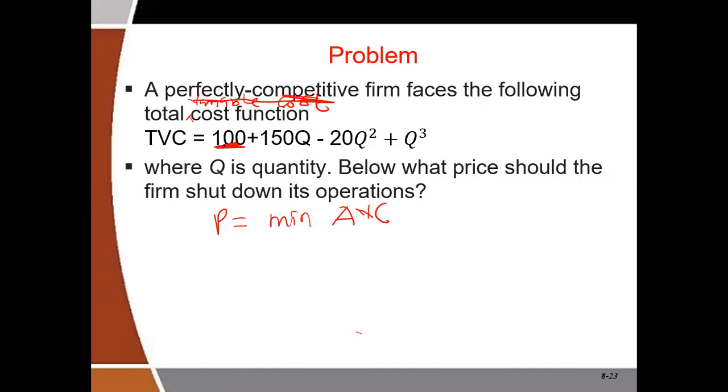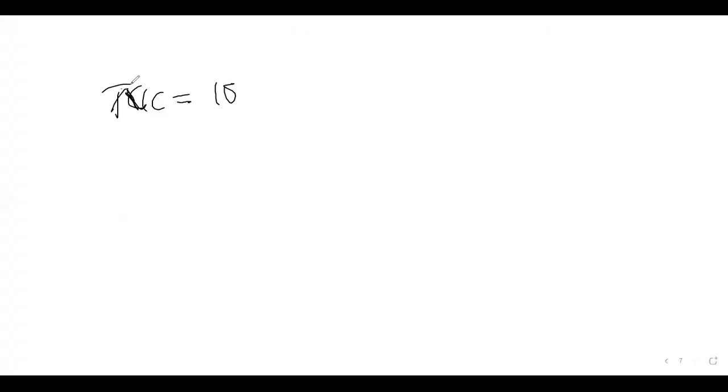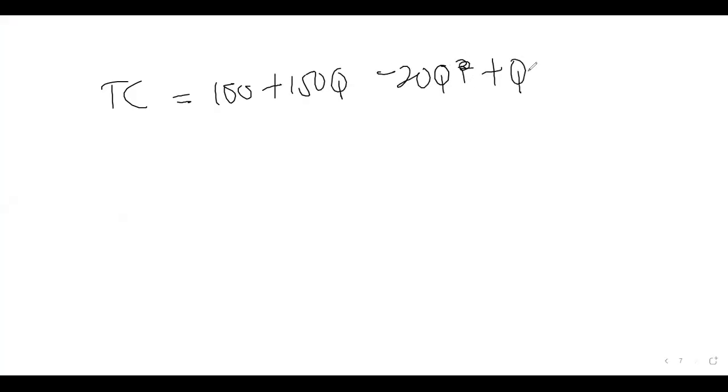Sorry, because we have fixed cost. So here it's supposed to be total cost, not total variable cost. Okay. So the total cost function is equal to 100 plus 150Q minus 20Q squared plus Q cubed. We all know that this element is the fixed cost because it doesn't vary with output.